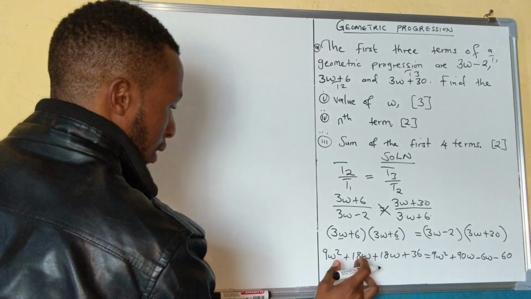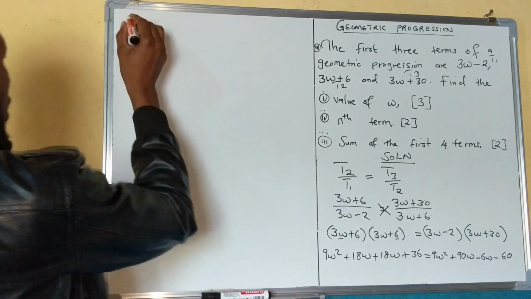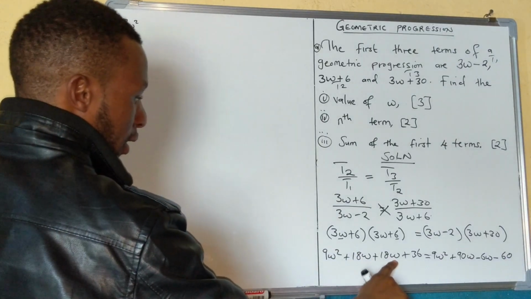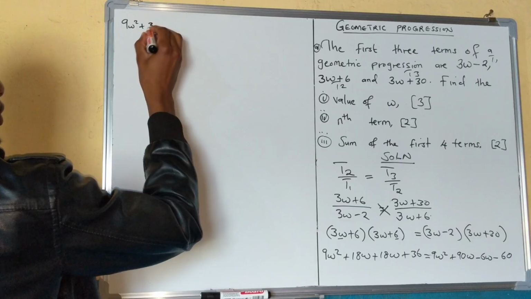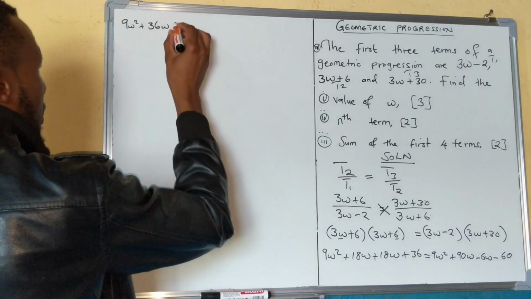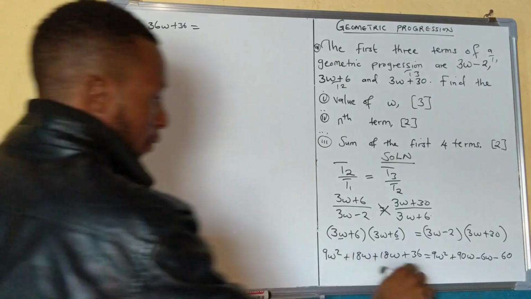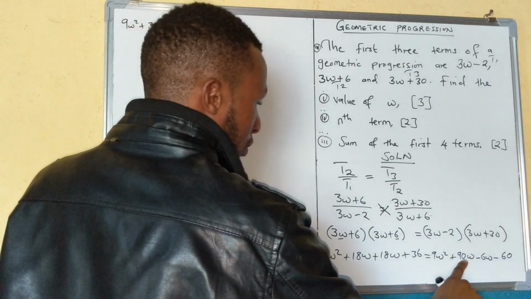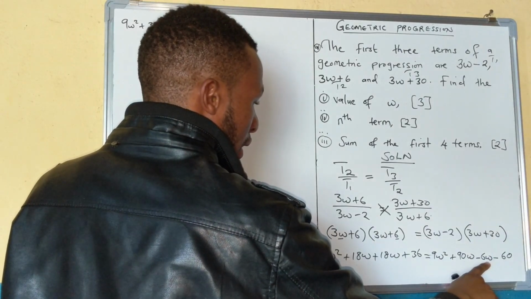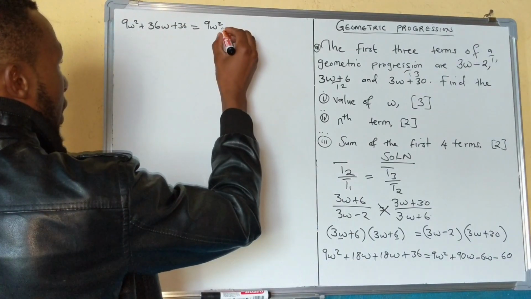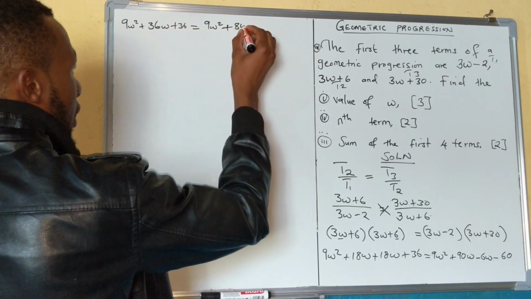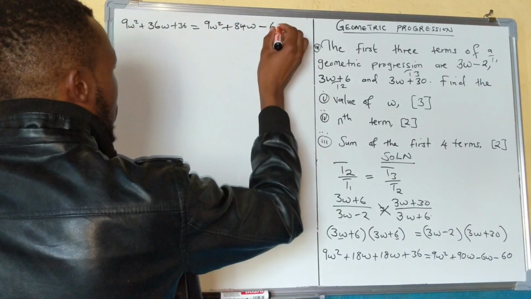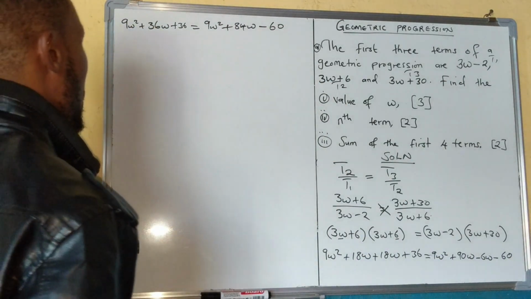The 9w squared comes as it is, 18w plus 18w gives 36w, plus 36, equal to 9w squared as it is on the other side, 90w minus 6w gives 84w, then minus 60. From here we want the like terms together.